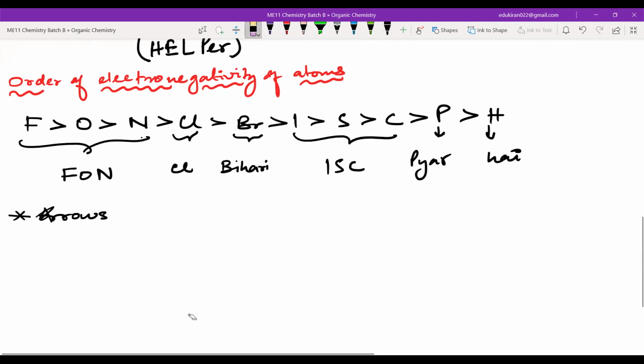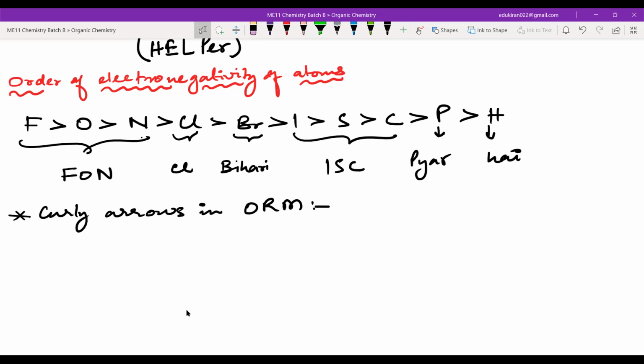Curly arrows in ORM, organic reaction mechanism. Curly arrows in organic reaction mechanism. Number 1, movement of an electron pair.